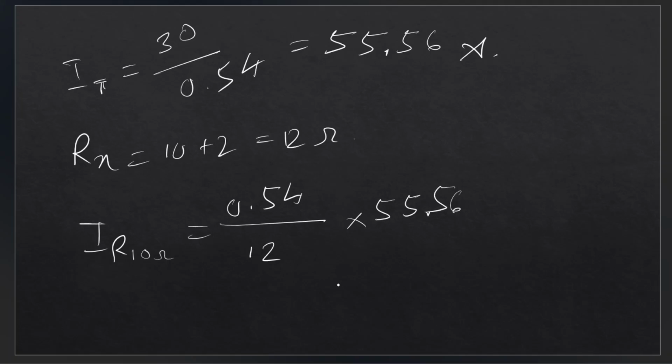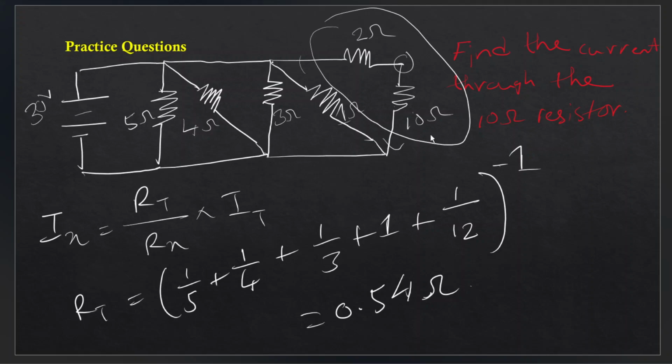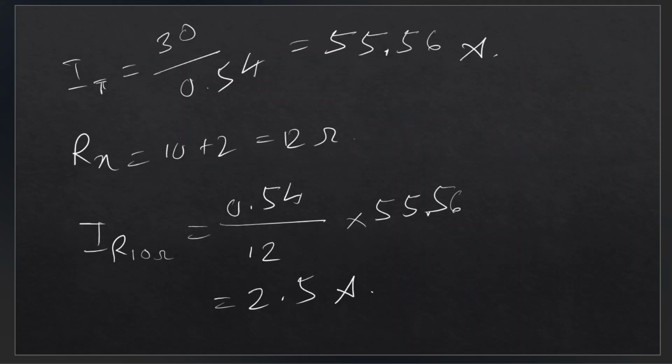So that is 0.54 over 12 times 55.56. We have 2.5 amperes. That's the current through the 10 ohm resistance and also the 2 ohm resistance, because they're in series. And the current through all series components is the same.